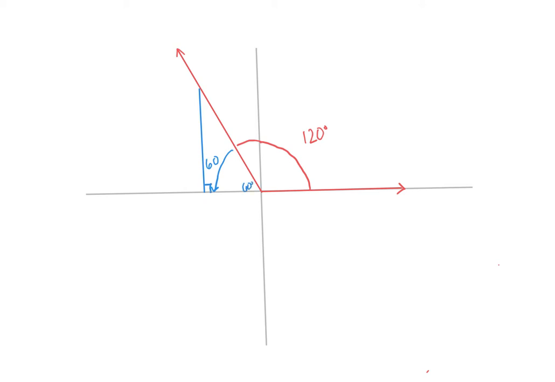This is a special right triangle. This is a 30, 60, 90 right triangle. This is my short side, s. My long side is the side times the square root of 3. And my radius of a unit circle is always double my short side, right? 2s, okay? And of a 30, 60, 90, this is how it works, all right?